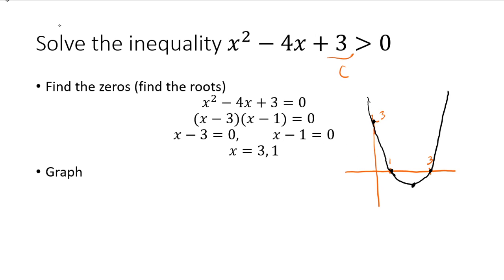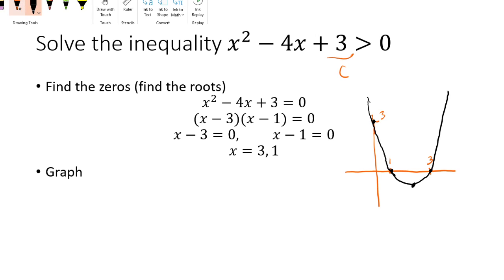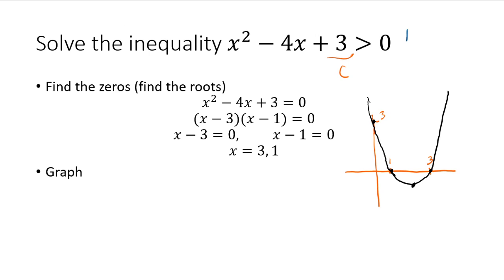And here's the really quick way to understand what the solution is. We're looking for places where this left side is bigger than 0. In other words, I want to know when the graph is above the x-axis. So bigger than 0 means above the x-axis, and less than 0 would mean below the x-axis, right?